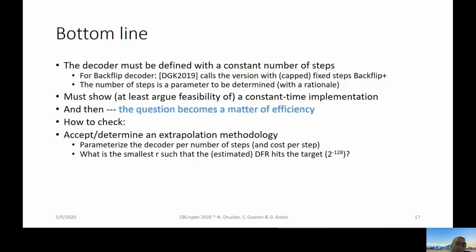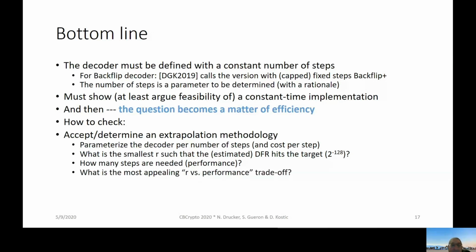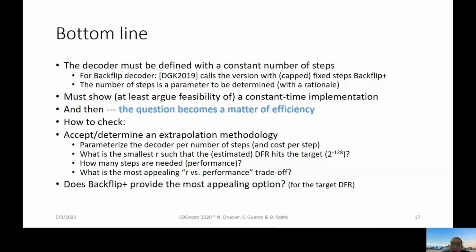And now, how many steps do you need? So this binds back to the performance. Altogether, you want to find the most appealing block size versus performance trade-off for a decoder. And this is true for any decoder, including the Backflip plus decoder. So now the question, is this the most appealing option to get the target DFR? That's the next question.